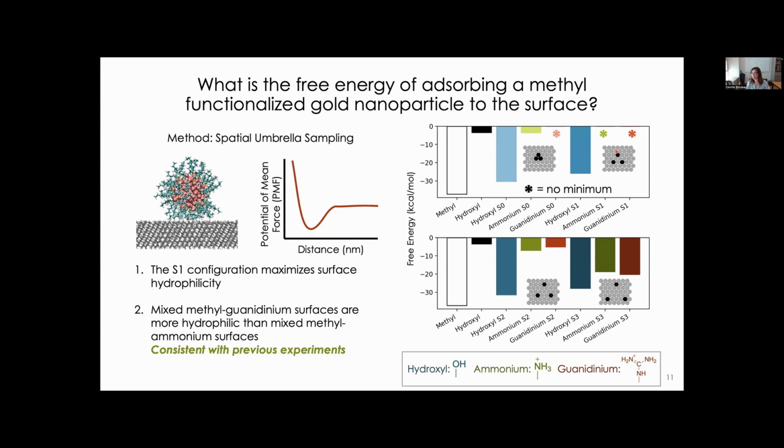And if we keep spacing our groups out further, we observe more hydrophobic surfaces. And also that our mixed methyl guanidinium surfaces are more hydrophilic than our mixed methyl ammonium surfaces, at least at the S0, S1, and S2 configurations. And so now this looks a lot more consistent with those previous experiments that were published.